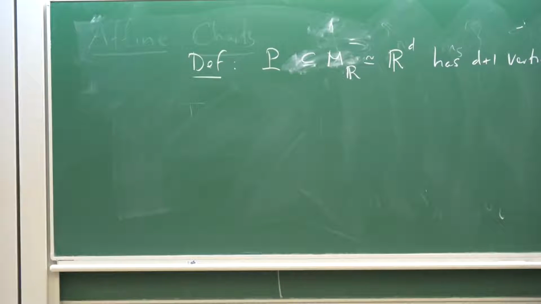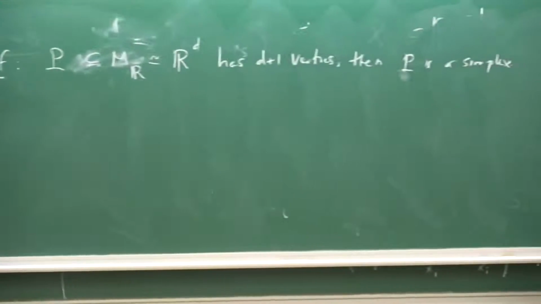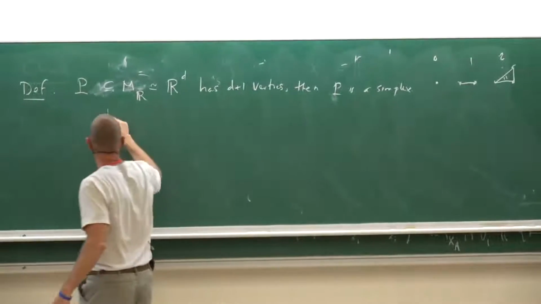So a 0-simplex is a point, a 1-simplex is a segment, a 2-simplex is a triangle, and a 3-simplex would be a tetrahedron, and so on. And then a polytope P is simplicial.